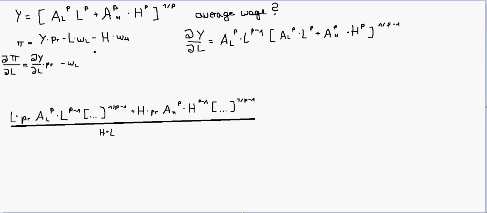And of course, we maximize it so it's equal to 0. So we get that the wage low equals the derivative of Y with respect to L times the price.